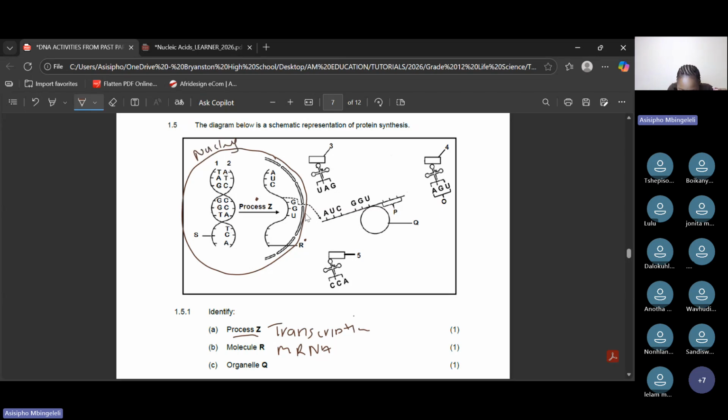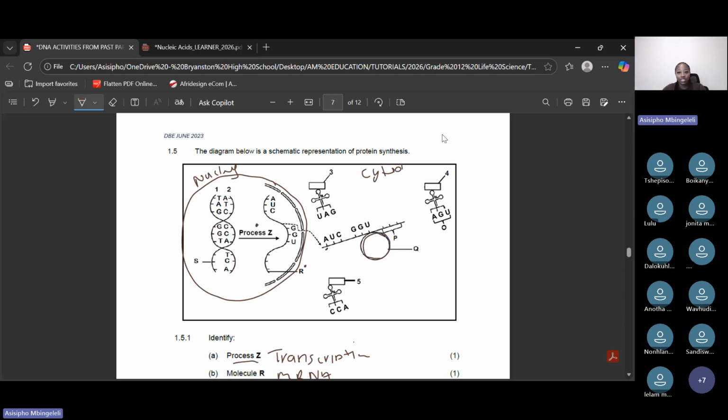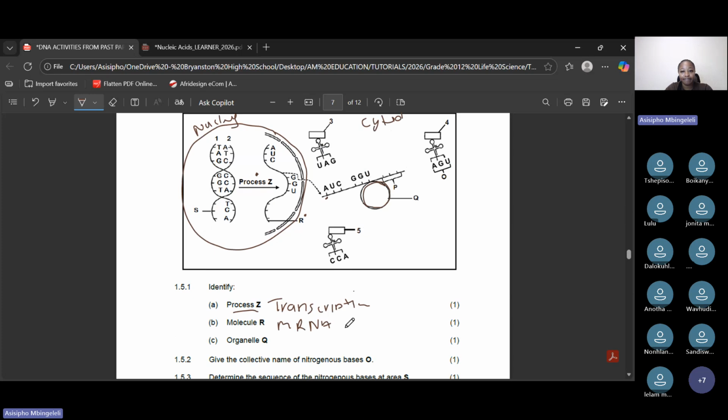Then they're showing you an arrow to say this molecule R that is formed here, see all of these dashes, moves out of the nucleus through the nuclear pores, and there it is, attached here. So you are able to see what is happening in the nucleus and what is happening in the cytoplasm. Both transcription and translation are being shown here.